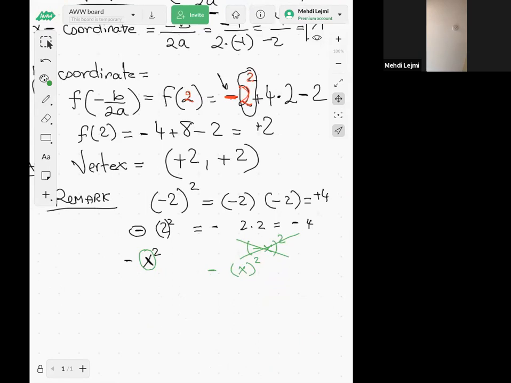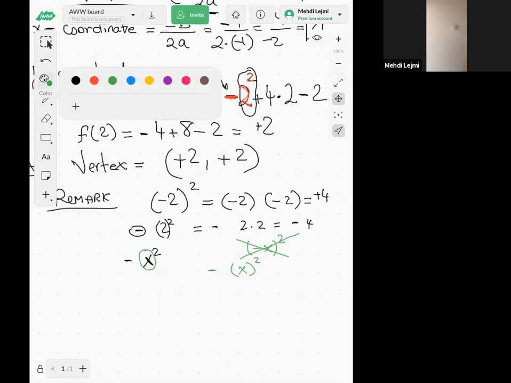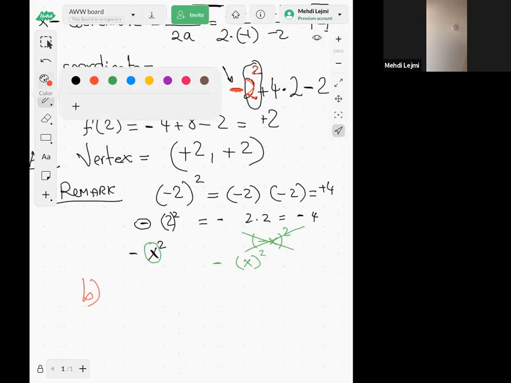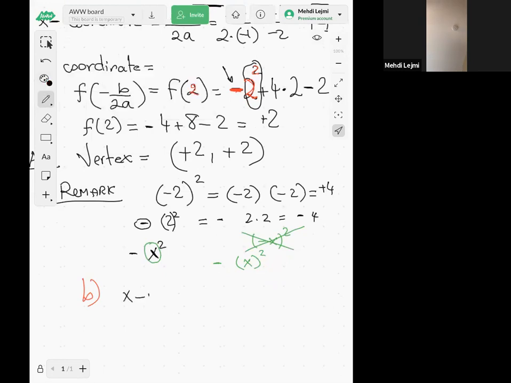In part B, there's the x-intercept and the y-intercept. The x-intercept, guys, is the intersection of the x-axis with the graph of f. This is the intersection of the graph with the x-axis. So what we have to do is solve f of x equal to 0.